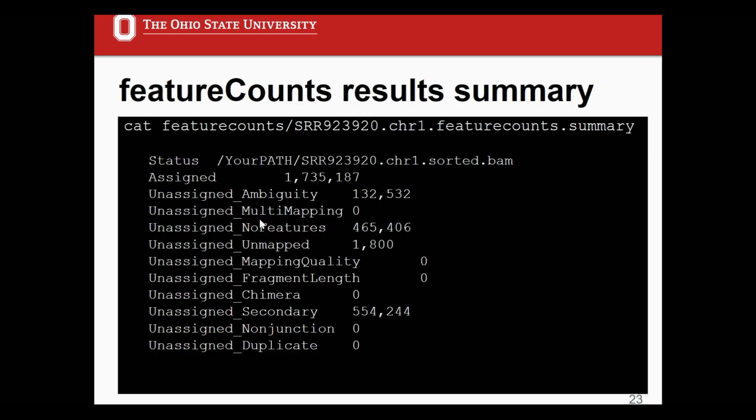Some are due to multiple mapping. We don't have a multiple mapping issue because in the featureCounts command I asked it to use only primary alignments, so there are no multiple mapping reads. And some are no features; they may be intron or intergenic regions. Some are unmapped.